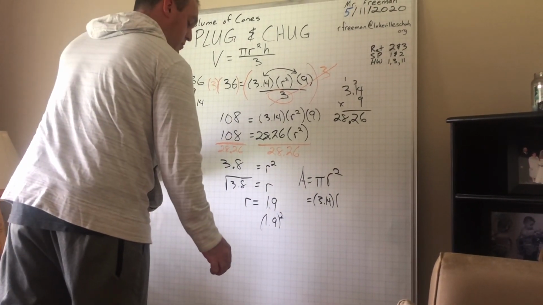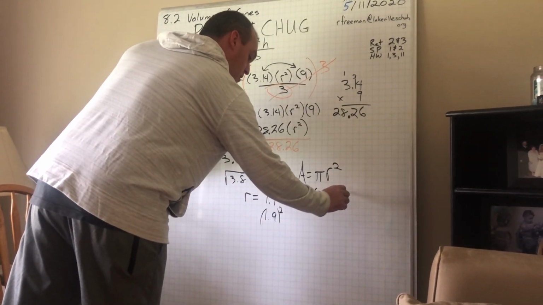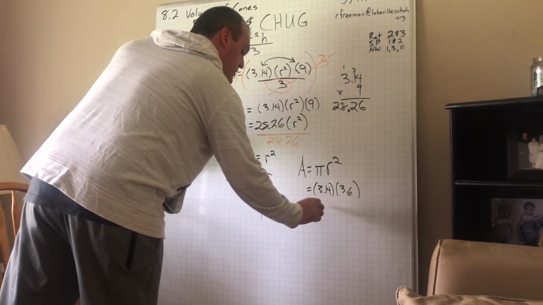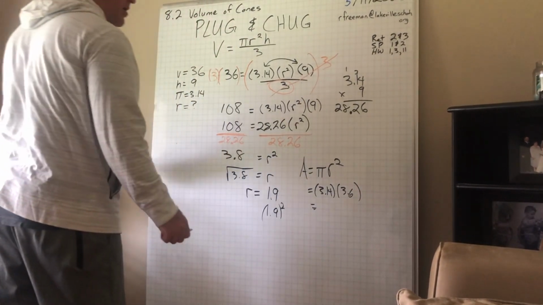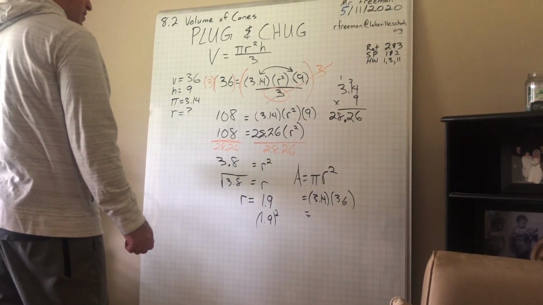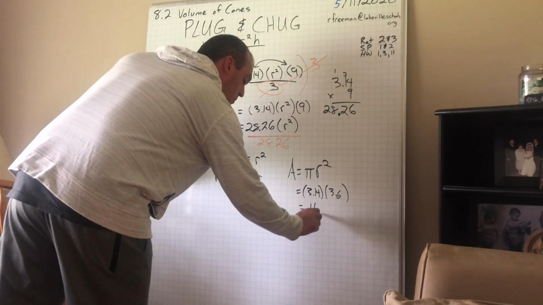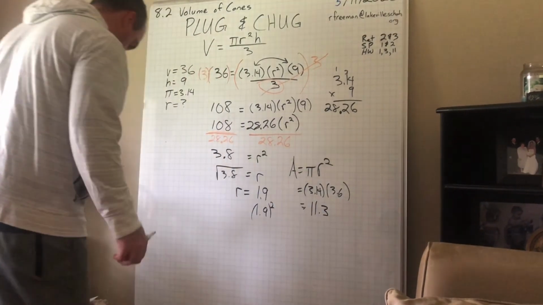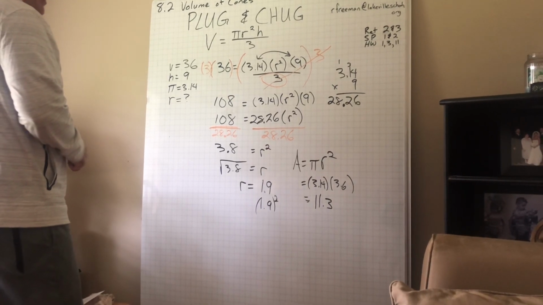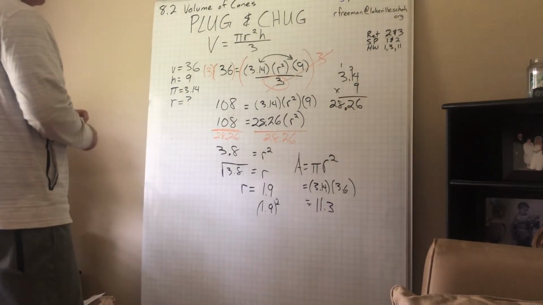Or no, 1.9 squared is what? 3.6. And now do 3.6 times 3.14. 11.3. 11.3, which is darn close to the 12 that they put on your answer sheet. So we know we did okay. They just probably used, again, something different for 3.14, but that's okay.